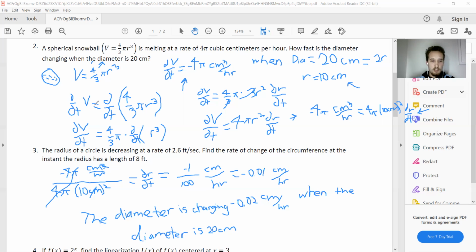How fast is the diameter changing? The diameter is changing negative 0.02 centimeters per hour when the diameter is 20 centimeters.